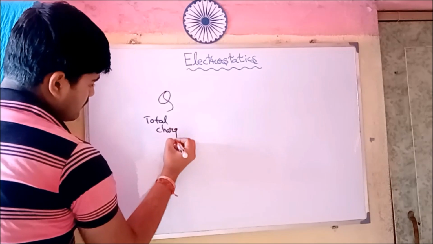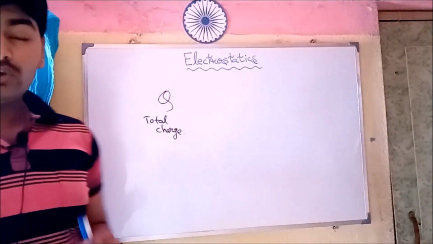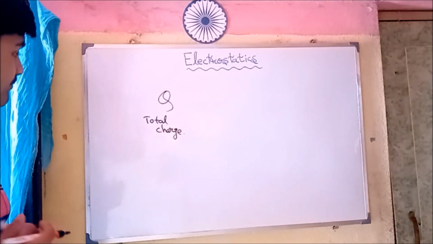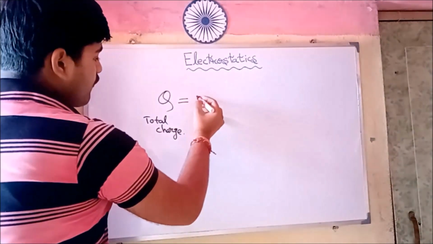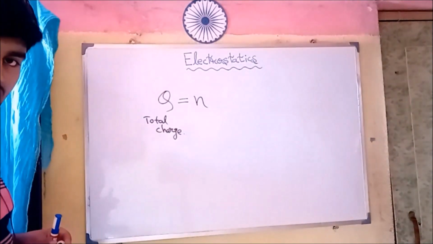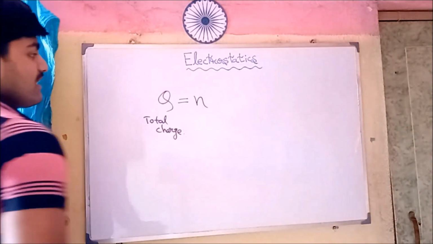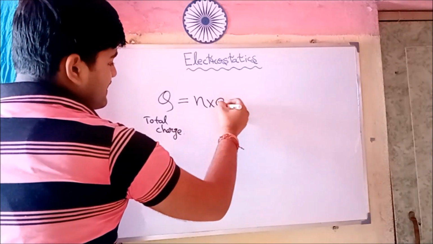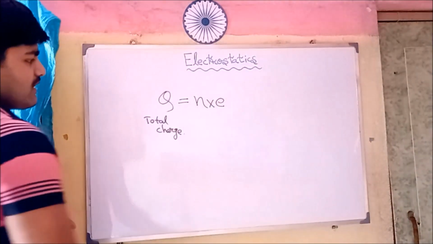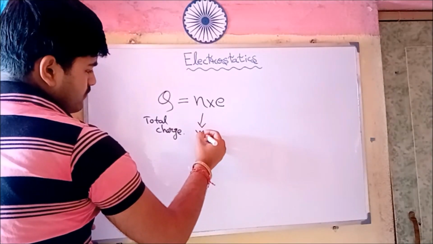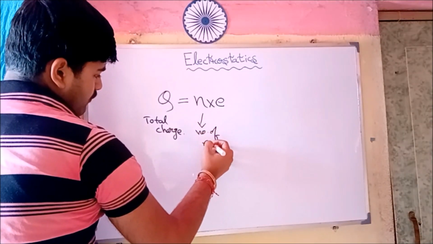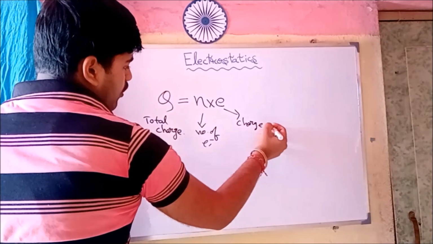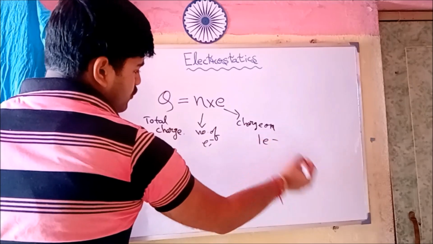The total charge on any body is equal to the number of electrons flowing through that body multiplied by the charge on a single electron. That is, the number of electrons and the charge on one electron.